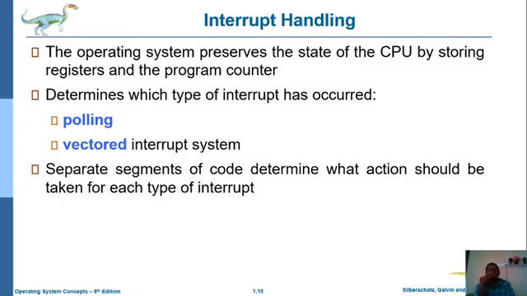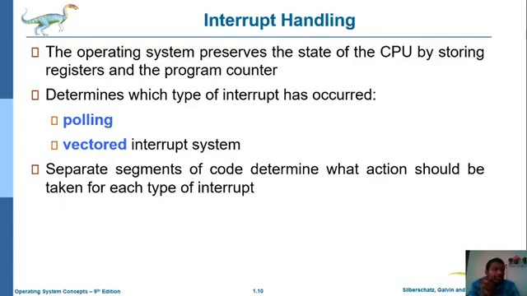A vector interrupt can be generated by any device of the computer. Only interrupts generated by input and output devices are known as polling based interrupts, and interrupts formed by any remaining devices are known as vector based interrupts. These are the two types of interrupts used in the operating system.